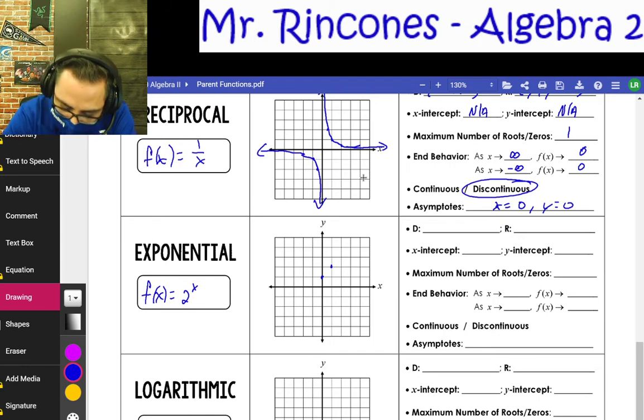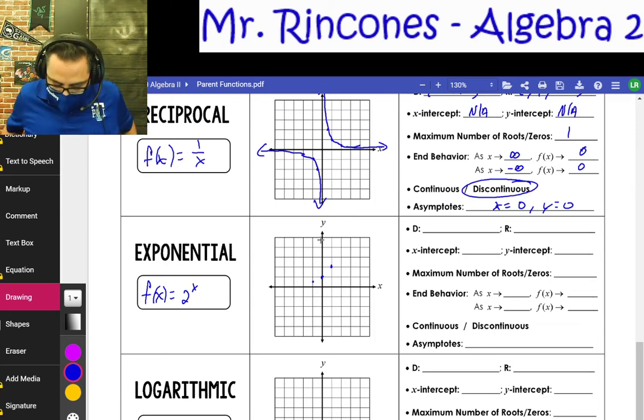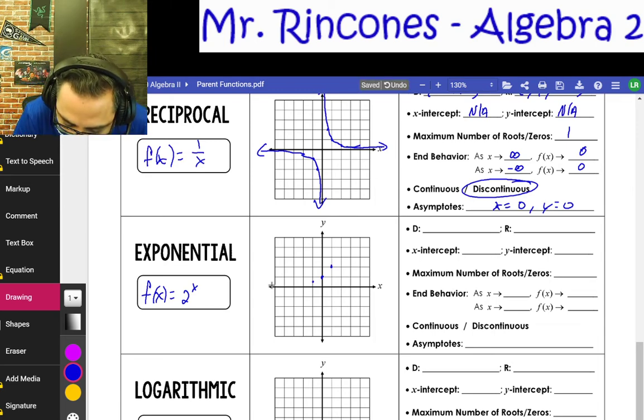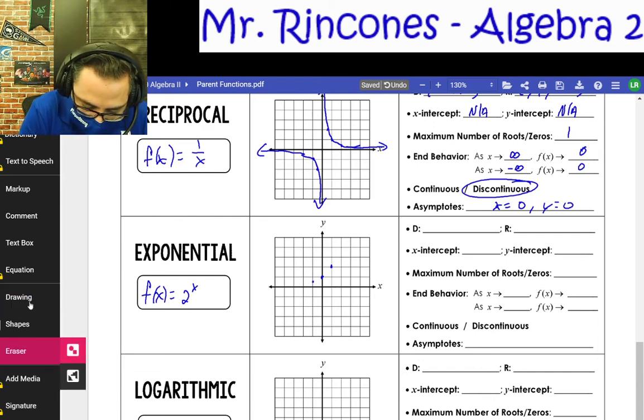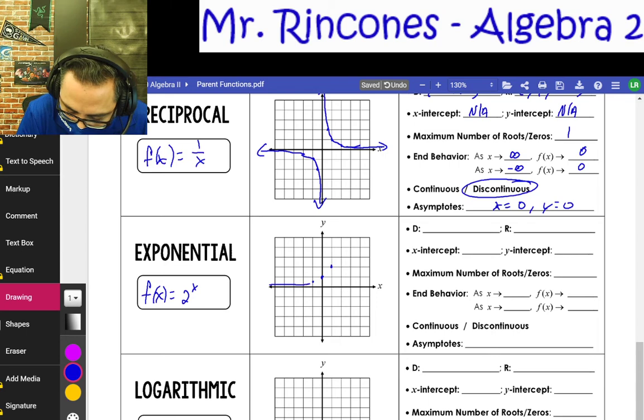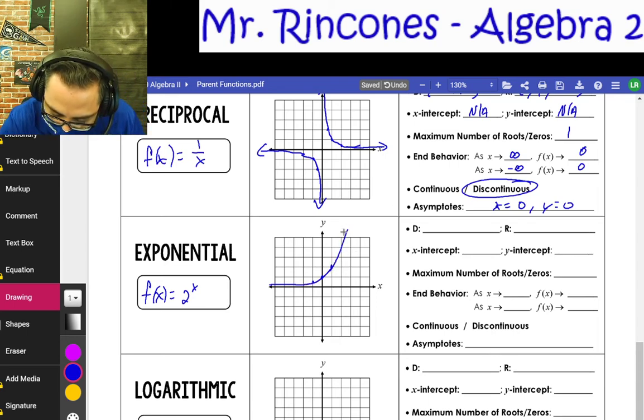Oh. So 2 to the negative 1 is 1/2. So negative 1, 1/2. All right. So the exponential function, that's going to not quite get to 0. And then just skyrocket.